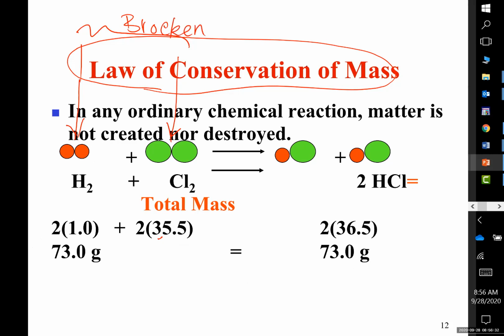And then, do you see 2 new bonds are formed? That's all a chemical reaction is about. So, if a bond is broken and a new bond is formed, atoms are not destroyed. They are not created. So matter remains the same. So mass remains the same.